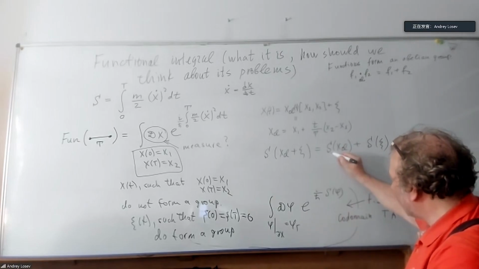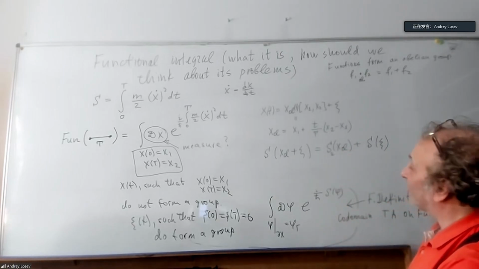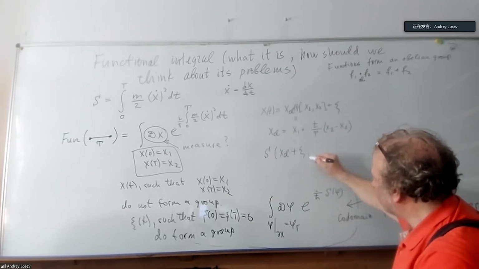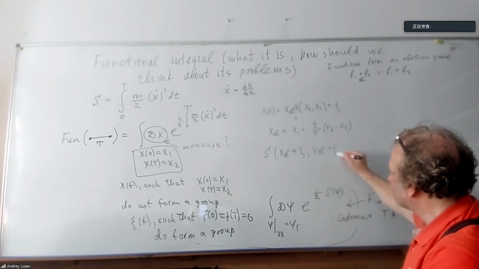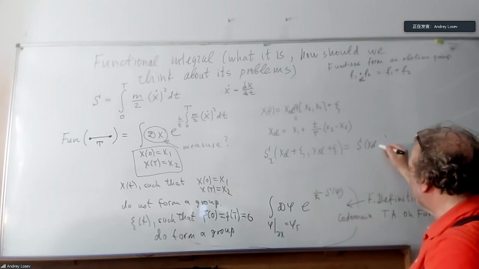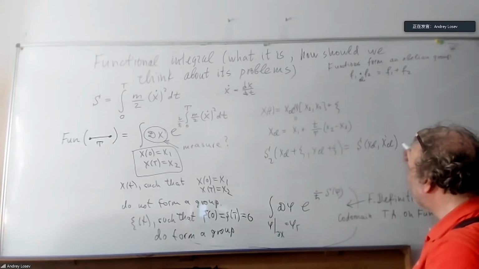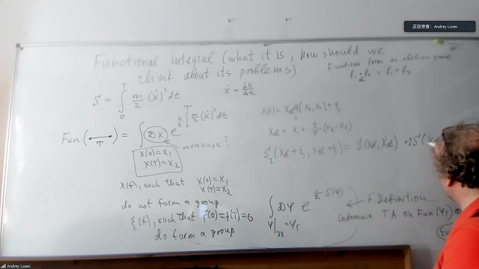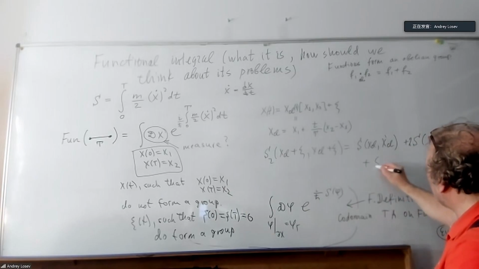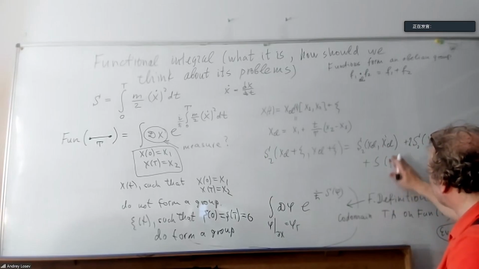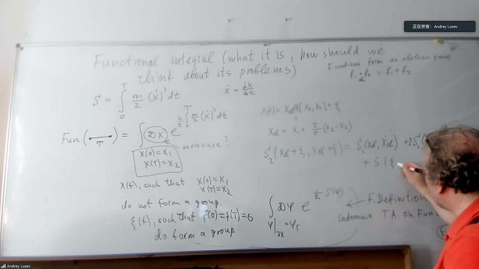S is a quadratic form, so I can write it like this: S of x classical, plus 2 times S classical psi, plus S of psi.